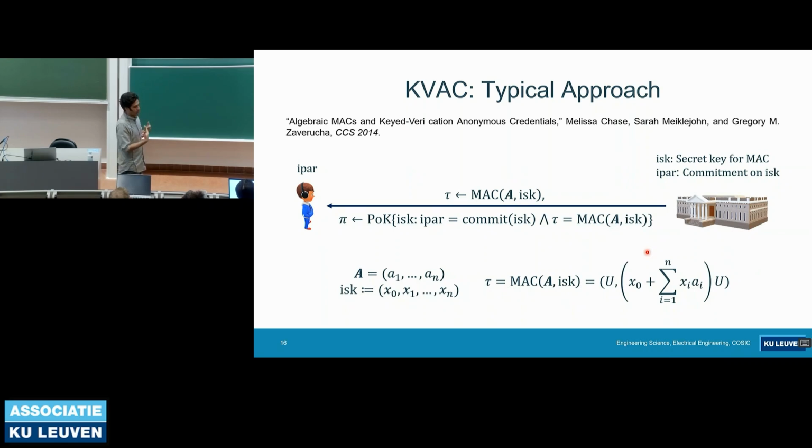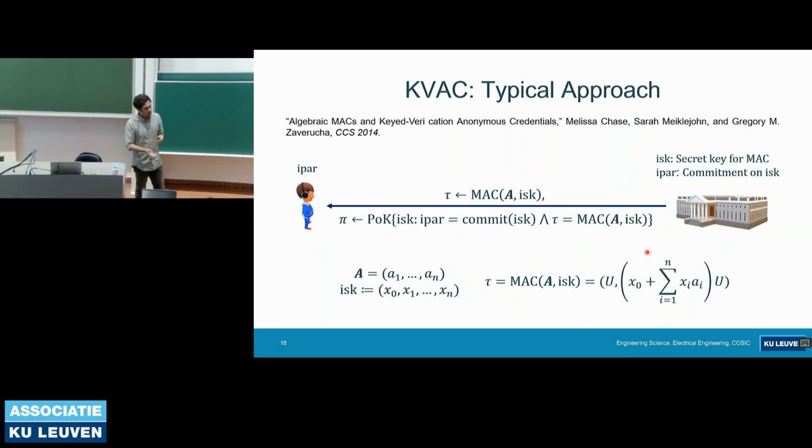As I told you, now we need to convince the user that we used the same secret key for generating this MAC as we already committed to in the setup phase, which we called IPAR. So it's a zero-knowledge proof, or NIZK, non-interactive zero-knowledge proof, where we have ISK as witness, and the statement is that the ISK used in both IPAR and tau are the same.